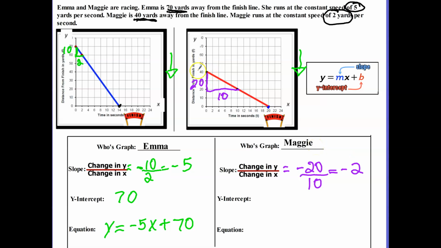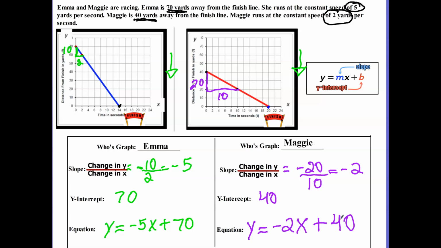The y-intercept is where the line touches the y-axis, which is 40, and is where she started running. She was 40 yards away from the finish line. So the equation will be y equals negative 2x plus 40.